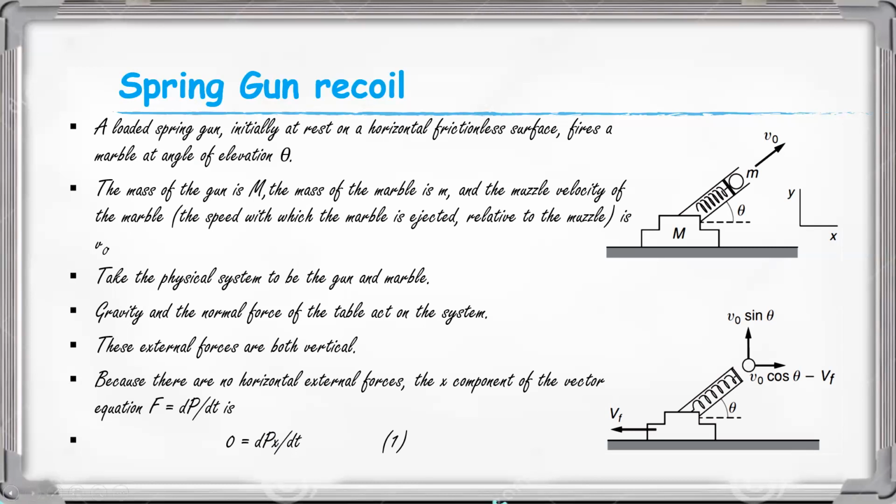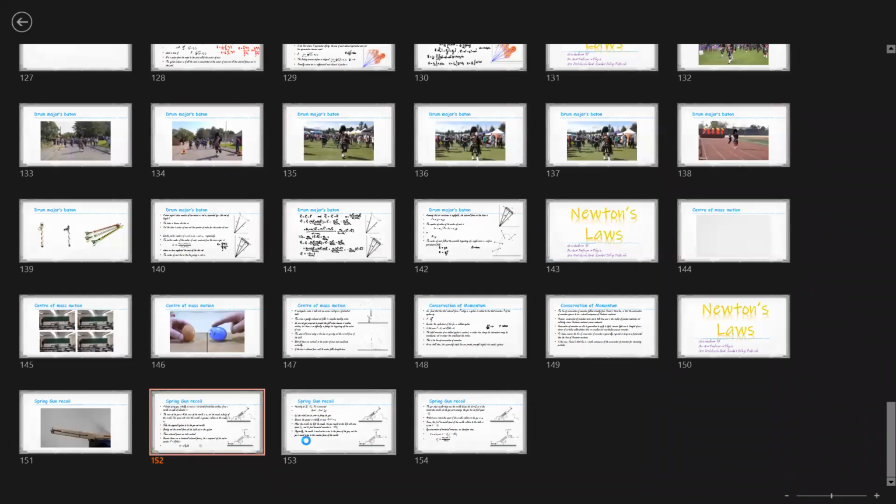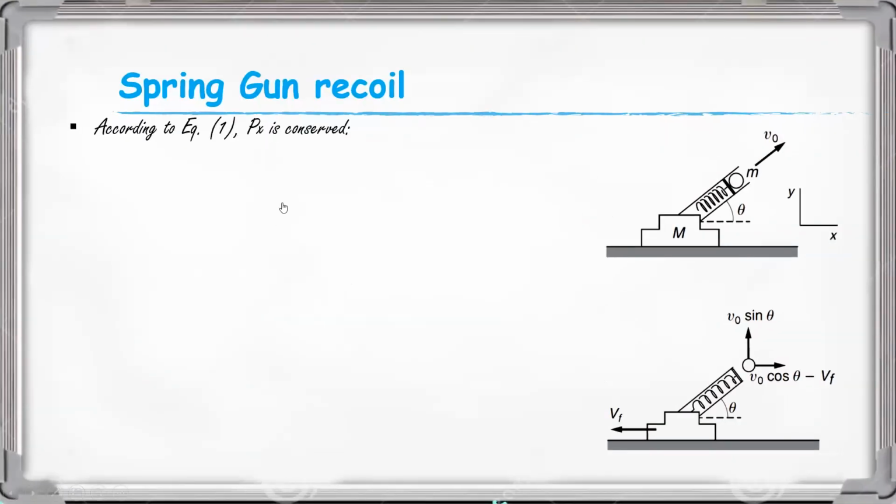So px is conserved. We can say that the initial component of the momentum in the x direction must be equal to the final momentum in the x direction.